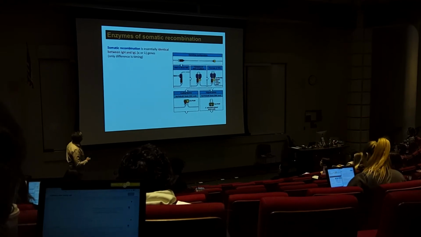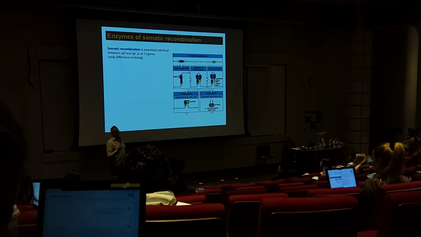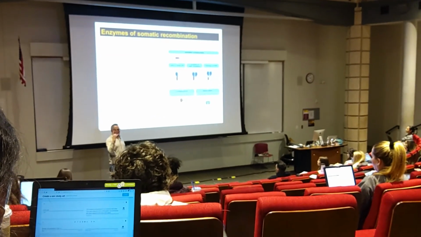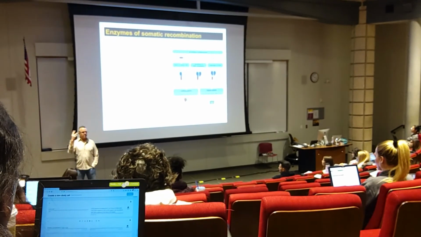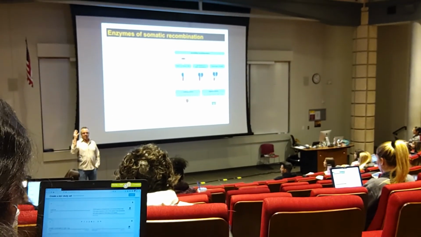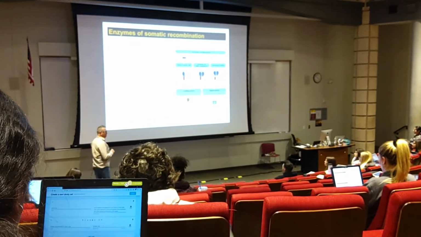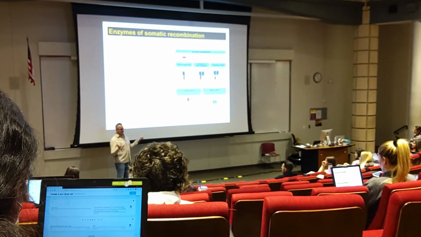The somatic recombination is essentially the same process every time. A B cell can do this at least 4 times: lambda chain, kappa chain, and for the heavy chain you have to do it twice, D to J and V to D to J. Every B cell has to do it a minimum of 3 times: 1 light chain and 2 for the heavy chain.